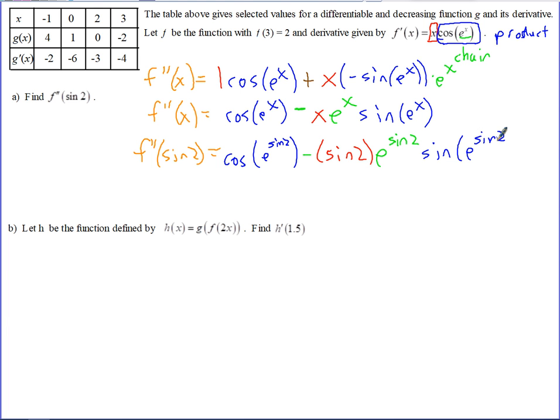So just like any other constant we're substituting, we're just substituting for all the x's. And so where does that look? So that would be our answer there.